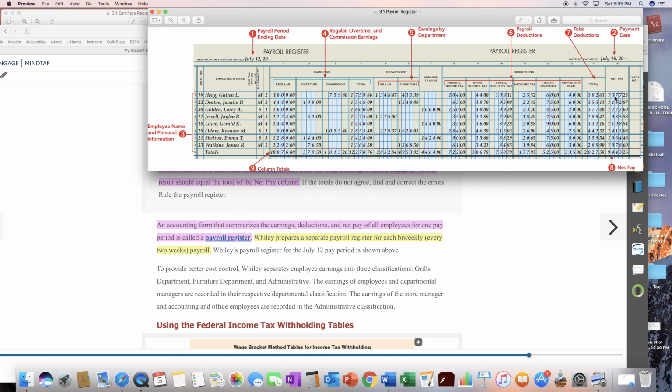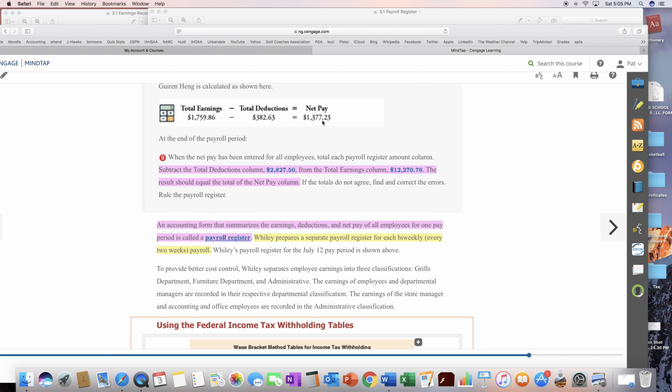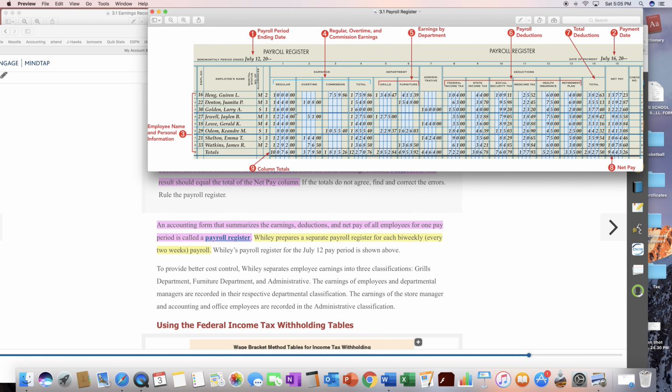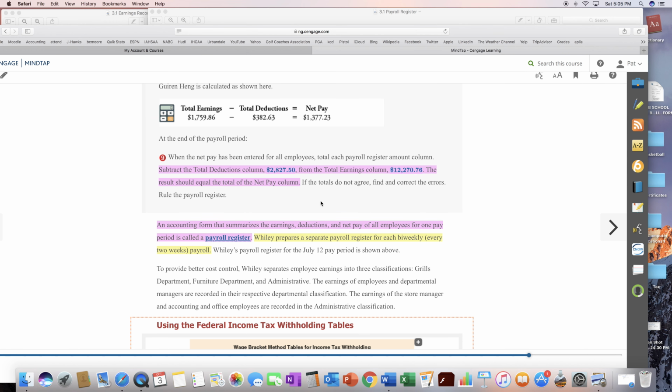So that number 137,723 is from here. What your job will be is to record all these deductions, figure out if they get overtime, regular pay, commissions, get the totals, and then subtract the total deductions from total earnings to get net pay. And that's the check that you would cut, and that's the check number there that you'd see there. So that's what they're talking about here.